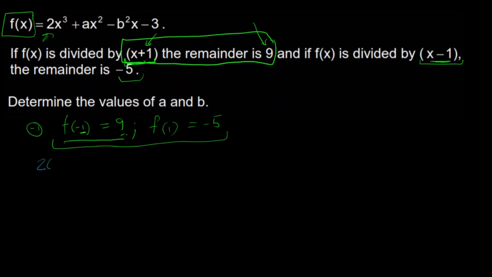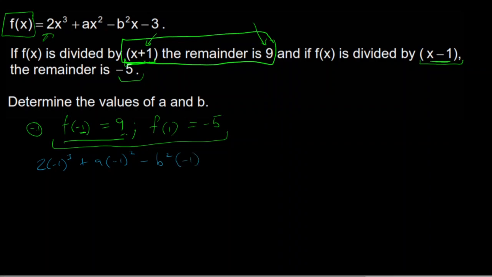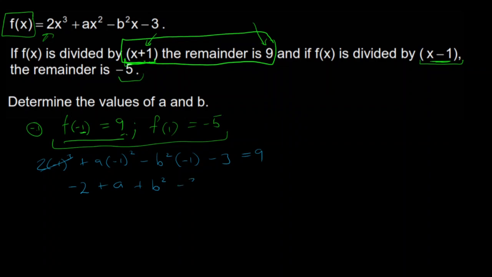We have 2 times -1 all cubed plus a times -1 all squared minus b squared, and that's still multiplied by -1, minus 3, and that's all equal to 9. Well, that's just -2, a negative times a negative is positive, and that's just a. Over here we'll have a negative times a negative, let's add it up, it's b squared. We'll have -3, that's all equal to 9.